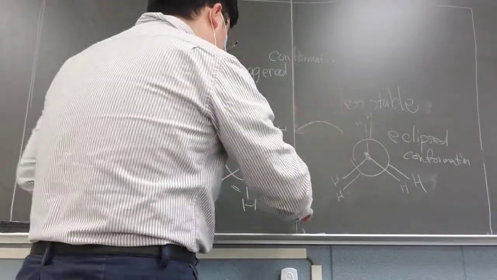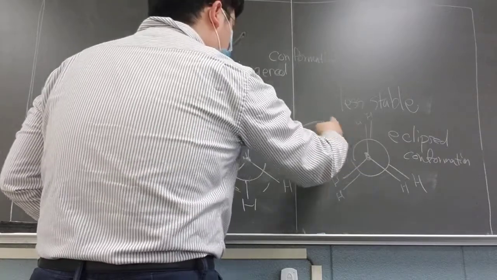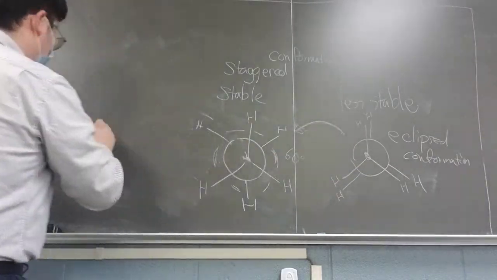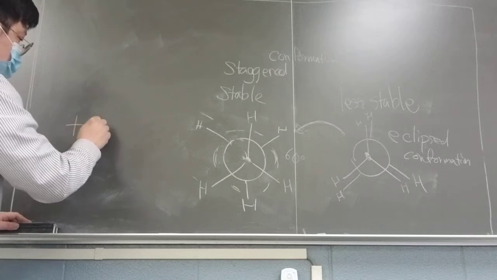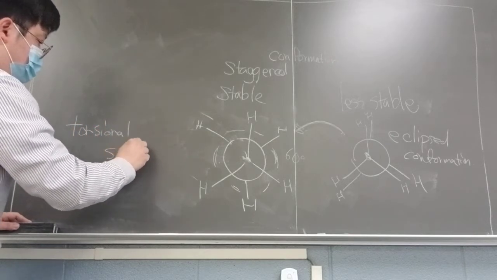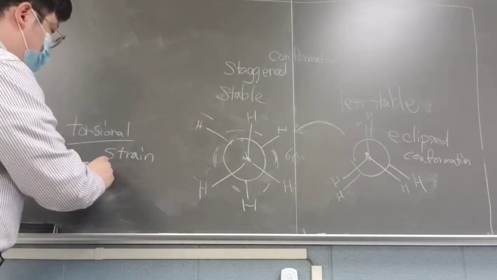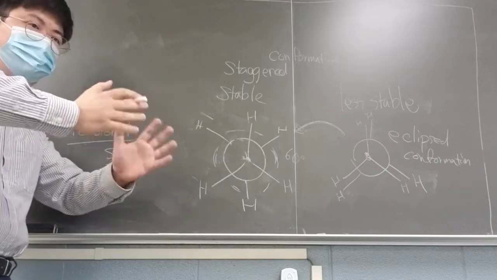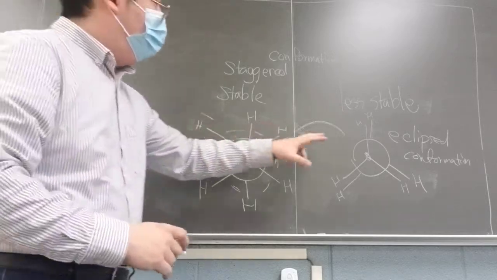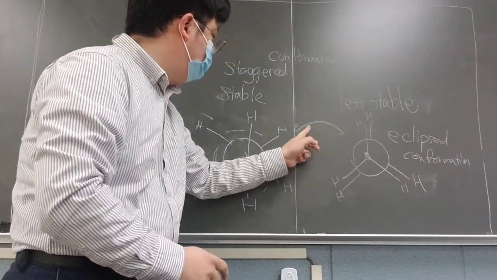So we call this energy discomfort of leaving the stable form torsional strain. Torsional means it's rotating, but the strain is like a hindrance, like a force. When they get to the eclipsed conformation, they go back to this form.